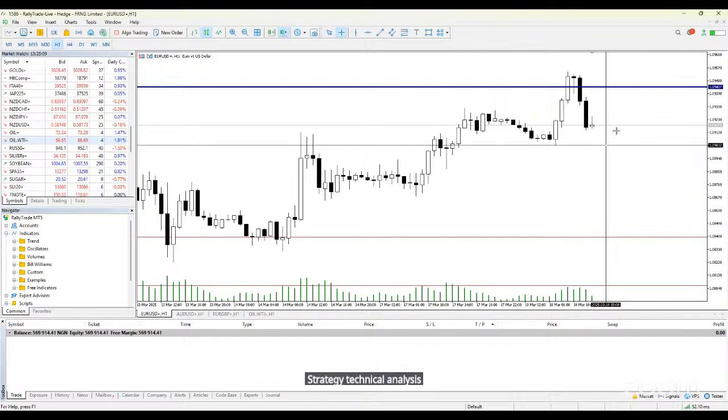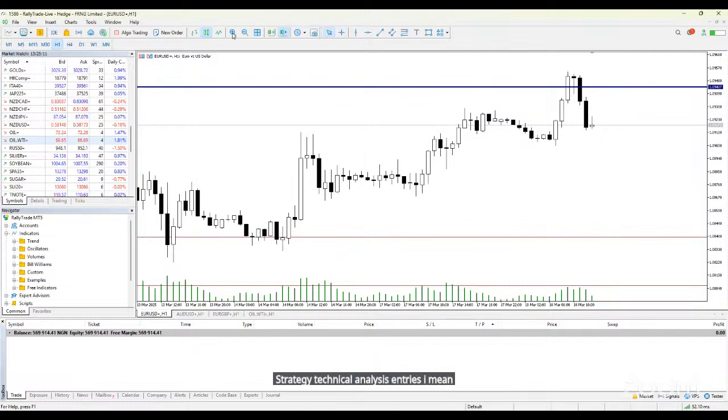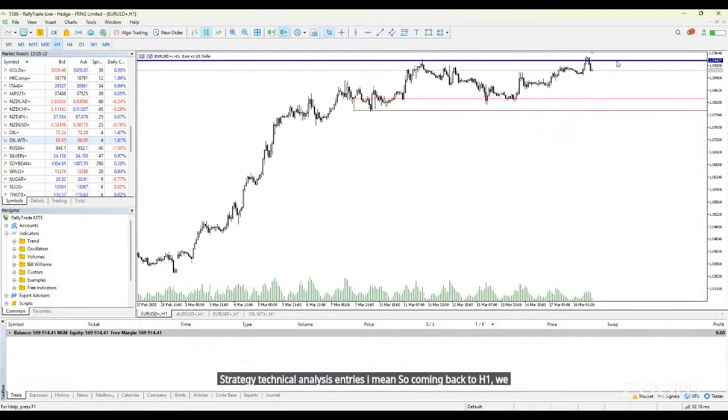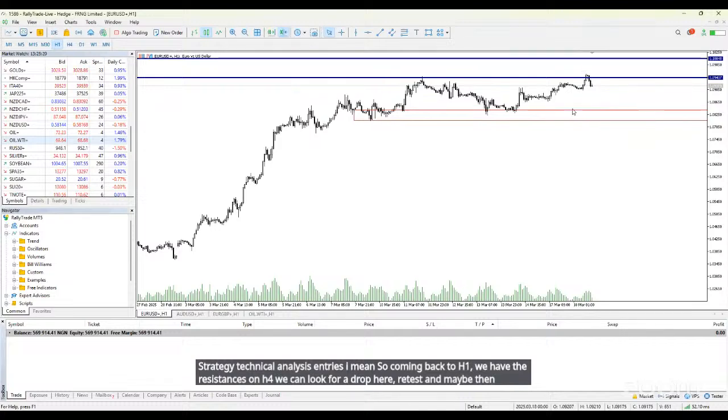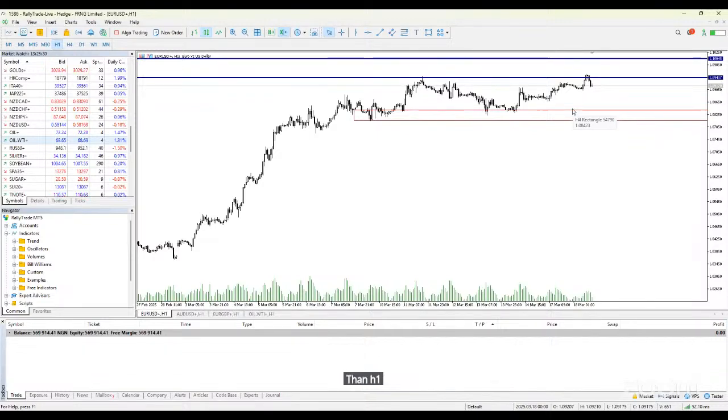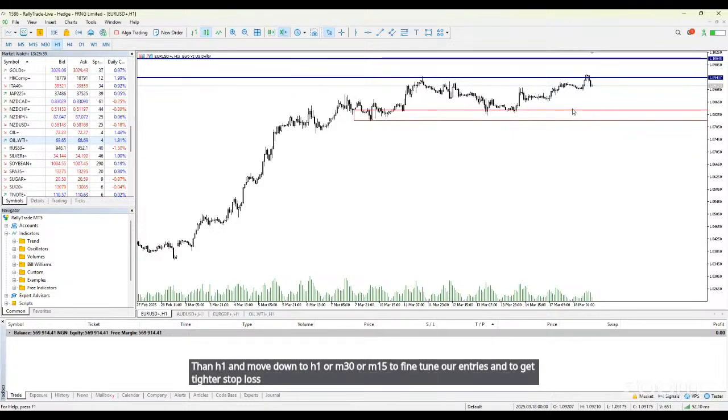So coming back to H1, we have the resistances on H4. We can look for a drop here, retest, and maybe then a break towards. When it comes to multiple time frames, we can use a resistance from the H4 because it's stronger than H1, and move down to H1 or M30 or M15 to fine-tune our entries and to get tighter stop losses, because that's the most important thing.